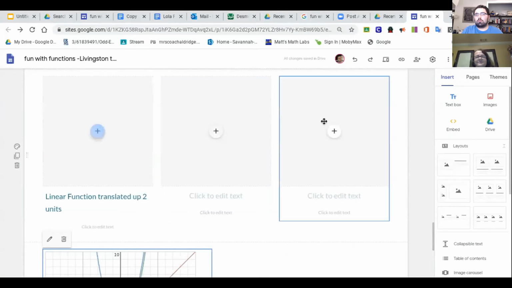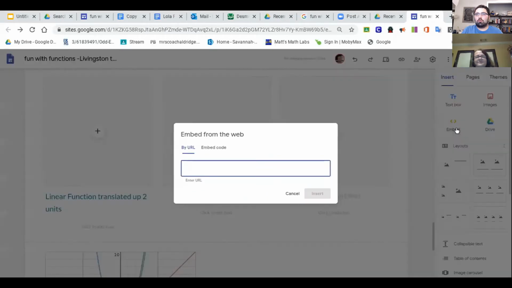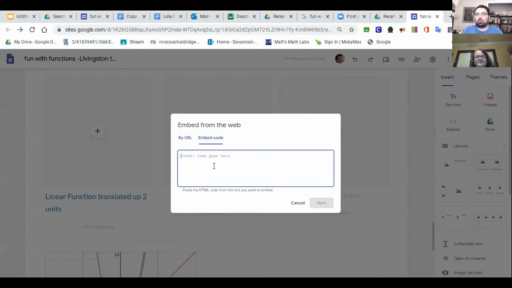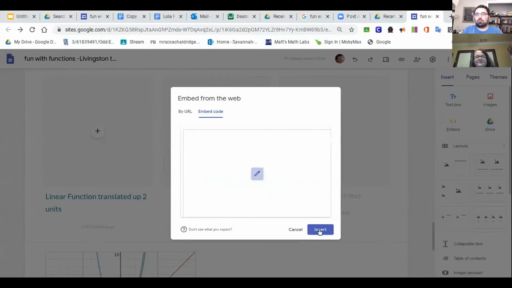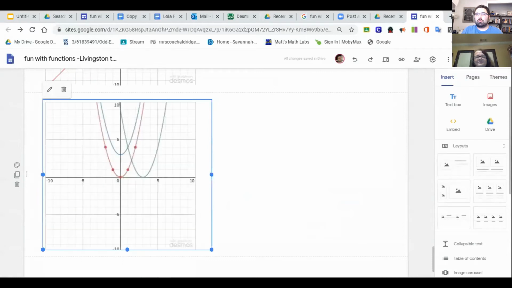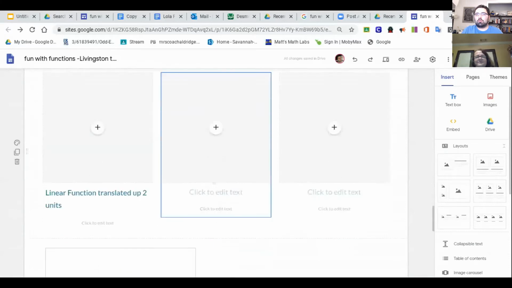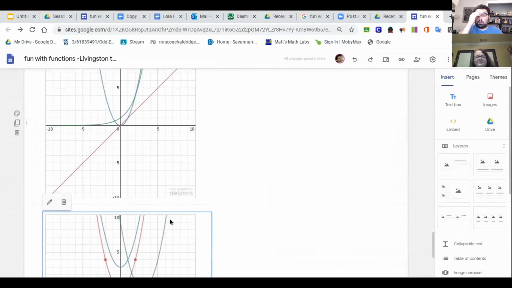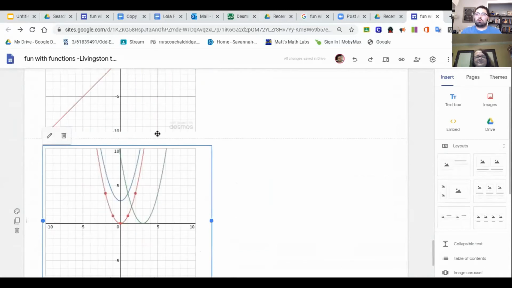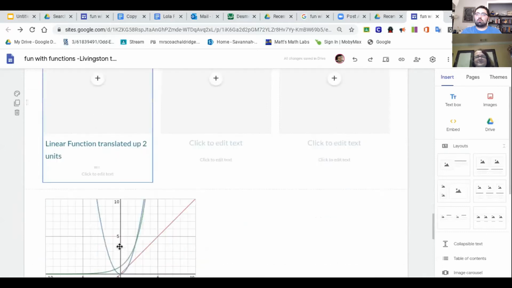Nope, sorry, I want to embed. I'm going to do the embed code, Control V. And there's my graph. Somehow I got in the wrong section there, but you can move it up there. The idea is to get it in here, and I can move it over there later.